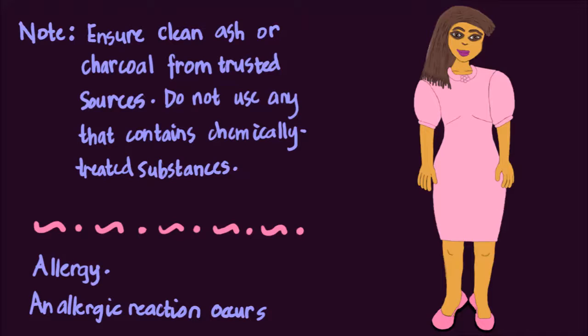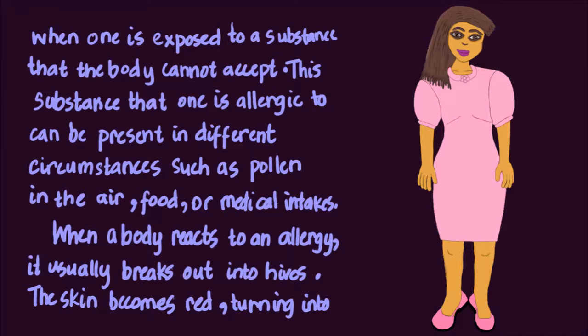Next topic, allergy. An allergy reaction occurs when one is exposed to a substance that the body cannot accept. This substance that one is allergic to can be present in different circumstances, such as pollen in the air, food, or medical intakes.